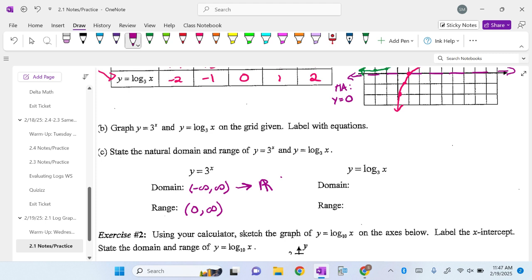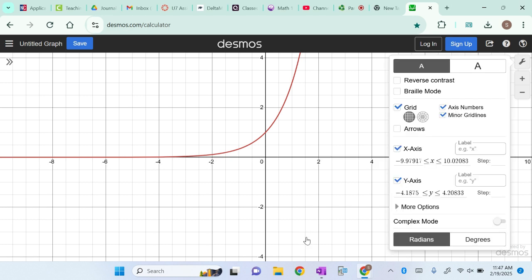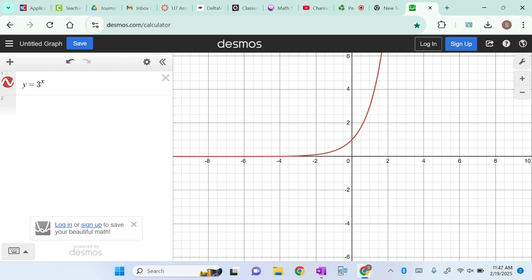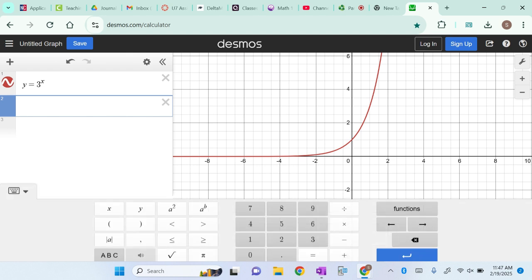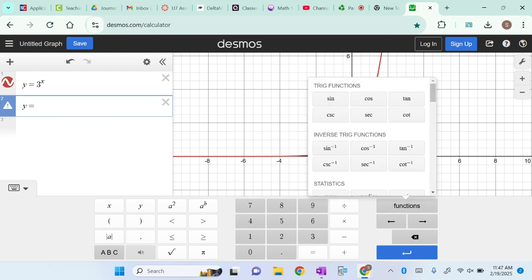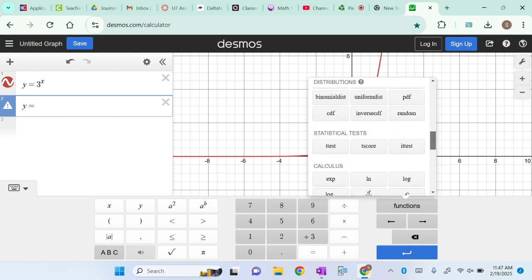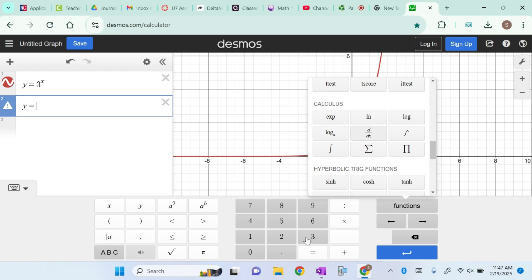Let's look at logs now. So I'm going to turn my axes back on. To graph a logarithm in Desmos, you would have y equals, you will hit the function key right here, and then you'll scroll down to where it says calculus. There's three different logs.